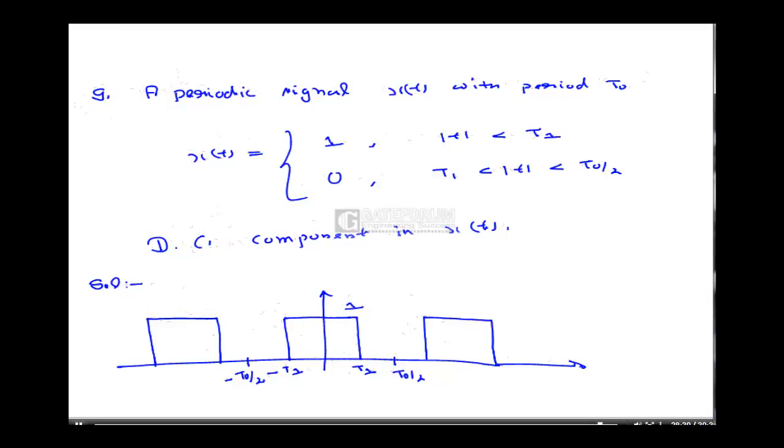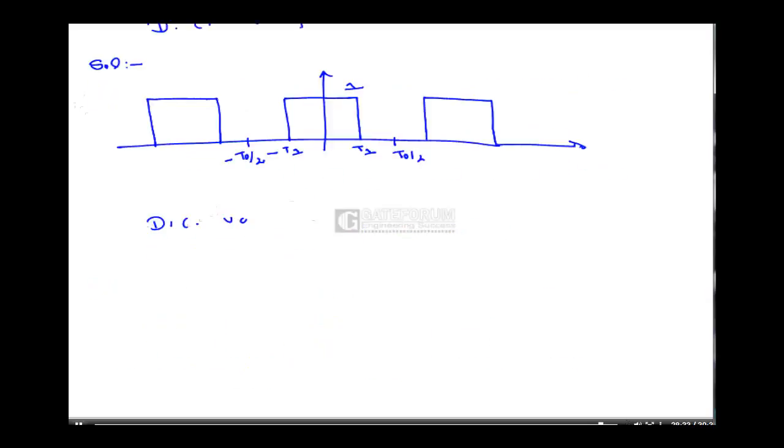To find the DC value, I need to integrate from minus T0 by 2 to T0 by 2 of 1 dt times 1 by T0. But the problem here is that the range minus T0 by 2 to plus T0 by 2 is not required for all, because the signal is 1 only between minus T1 and plus T1.